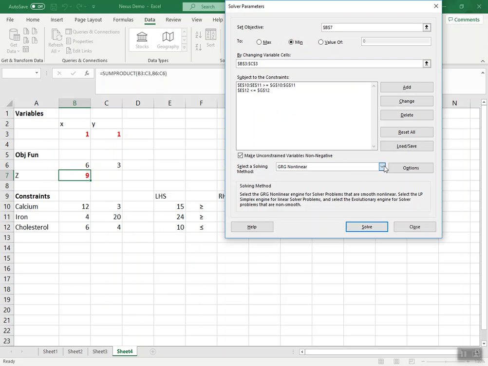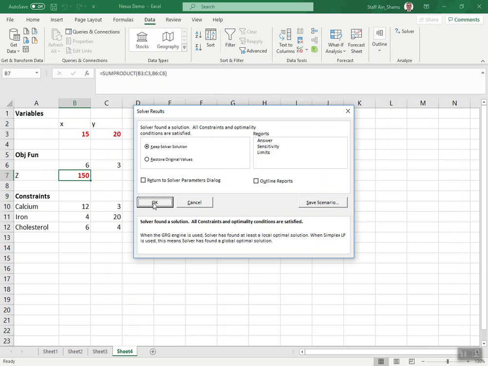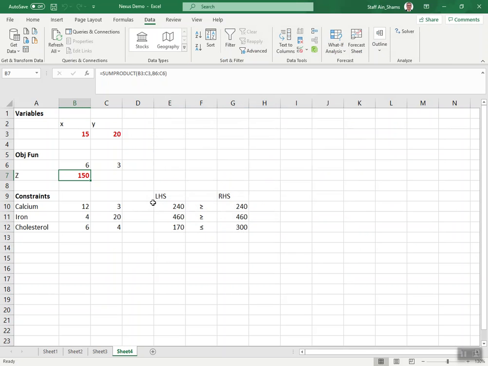Then I will go and choose the type of optimization. I use simplex linear programming. I use solve. The problem found the solution, and it was an integer solution, and this is the solution we obtained.